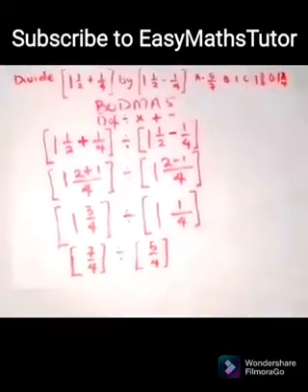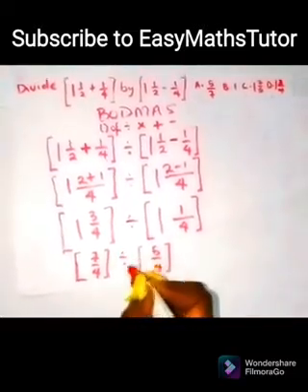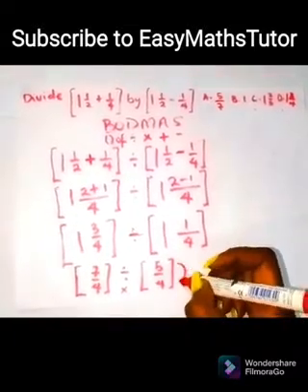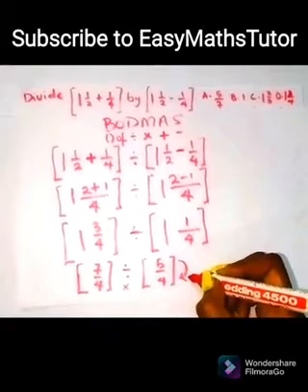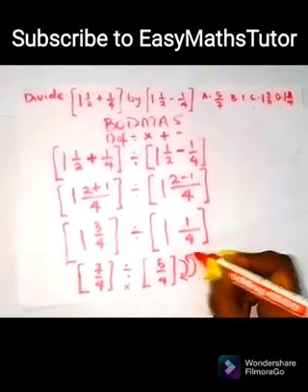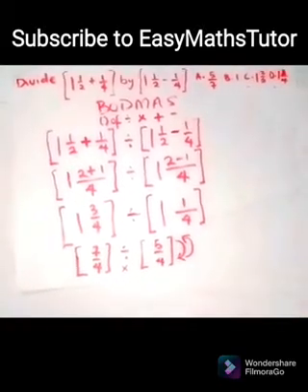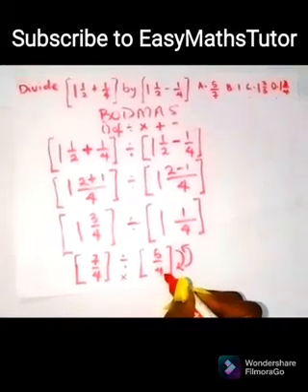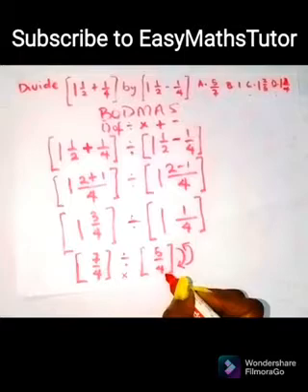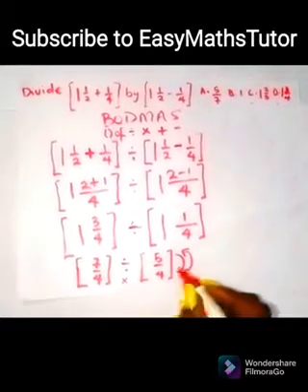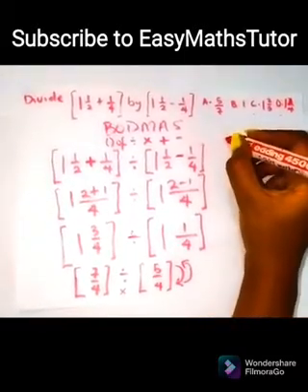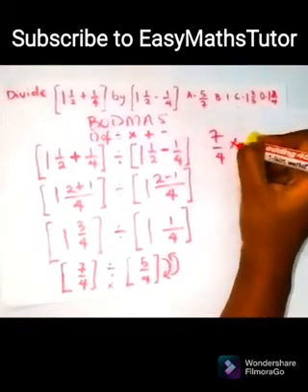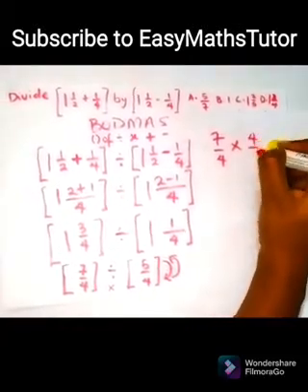Remember what I said? If we convert this division sign to multiplication, the numerator will go down and then the denominator will go up. It will flip up, it will become an inverse. When the sign changes, the other divisor becomes an inverse, okay? So let's continue here. We'll have 7 over 4 times 4 over 5.